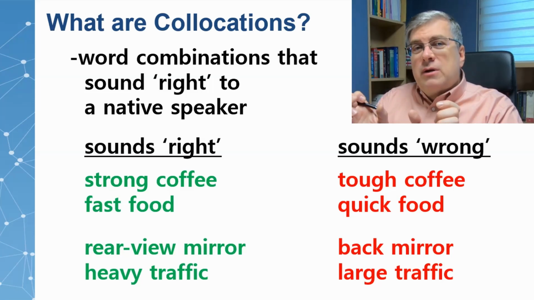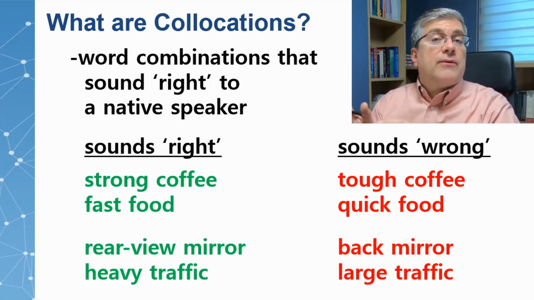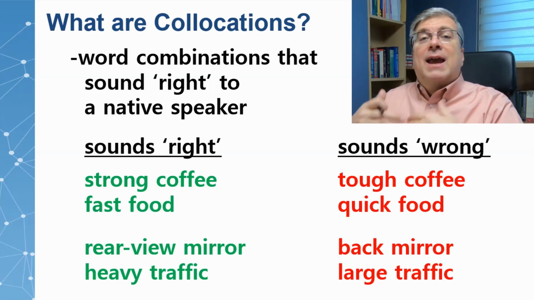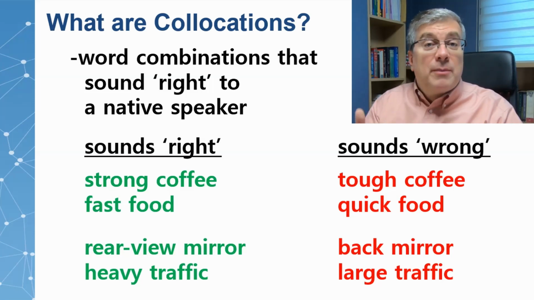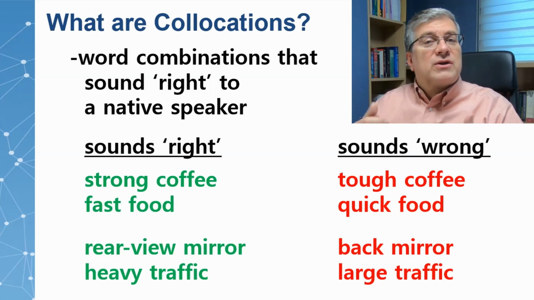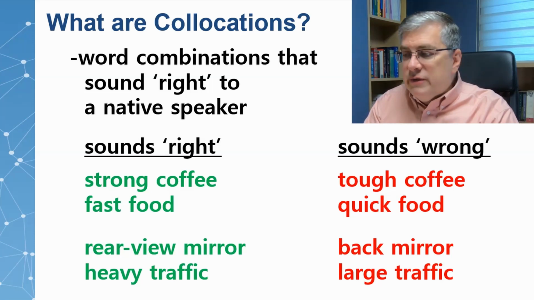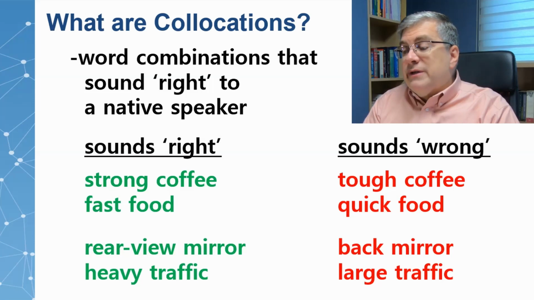They'll use certain combinations more often than other possibilities. And over time, these combinations become set. And if you want to express this type of idea, it's very easy to just use the common collocation that everybody is using. Let's take a look at a few examples here.